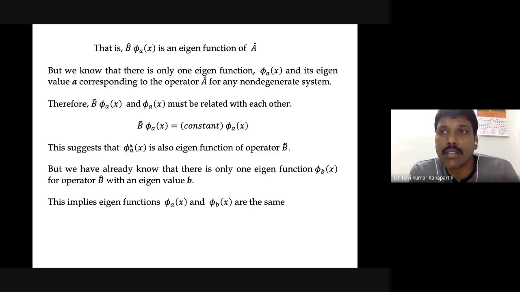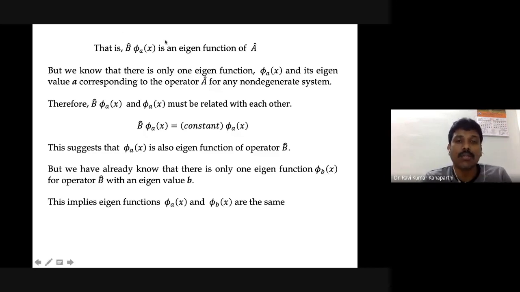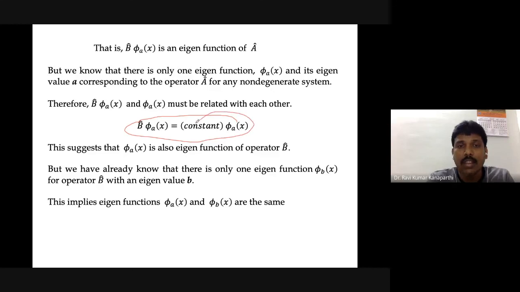Well, this can't be, right? That only is possible if phi a and phi b are actually equal to each other. So this relation also implies that phi a of x is an eigenfunction of operator B. But then we know that operator B has an eigenfunction phi b, right?